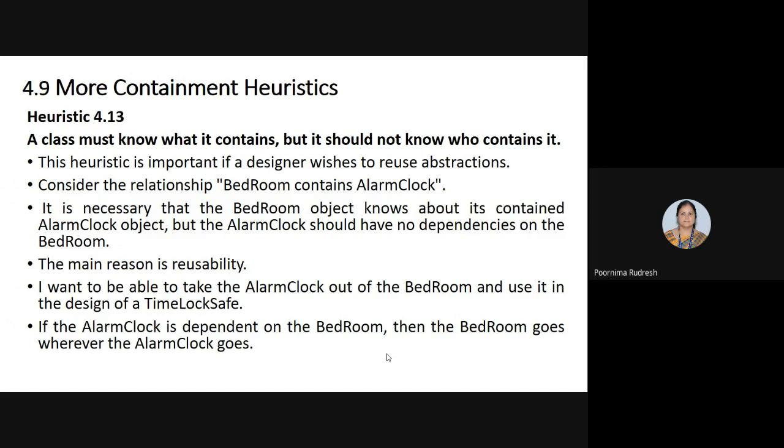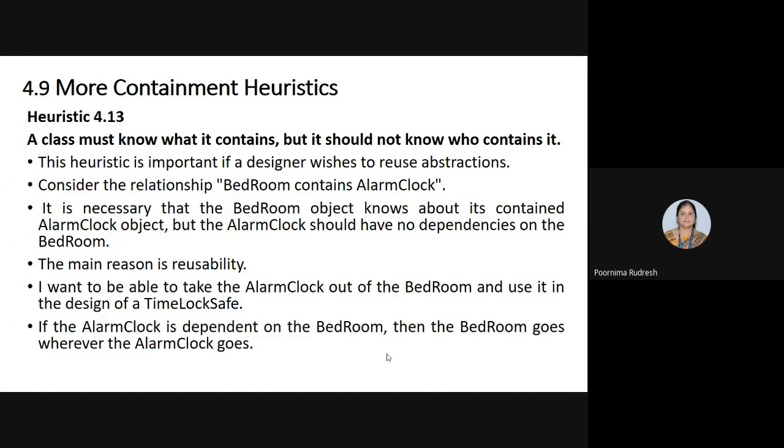We are keeping the alarm clock in the bedroom, and the bedroom must know that the alarm clock is there, but the reverse should not be true, because the alarm clock should not have dependencies on the bedroom. If it does, then we cannot move the alarm clock out of the bedroom.